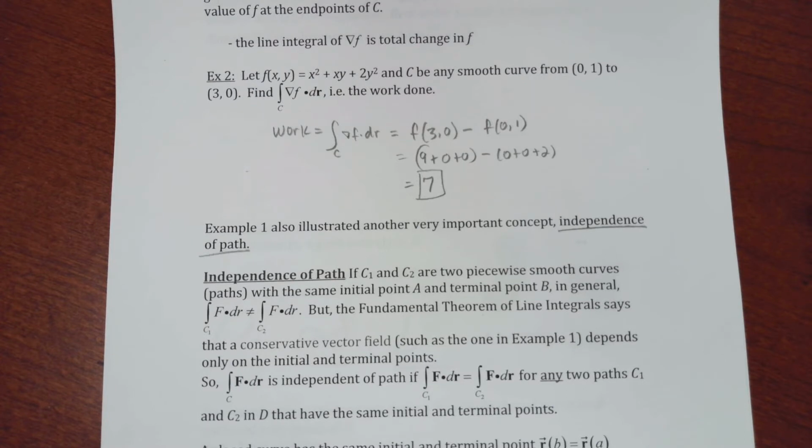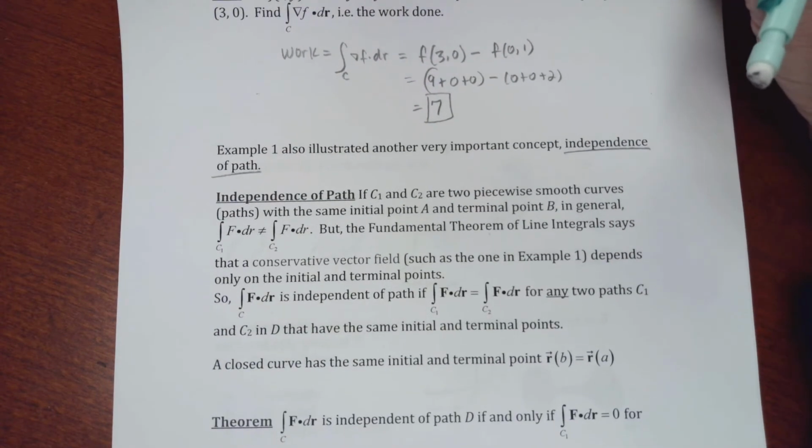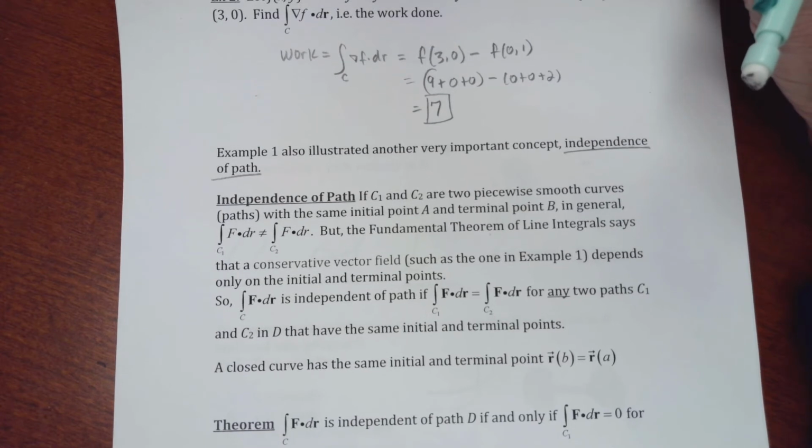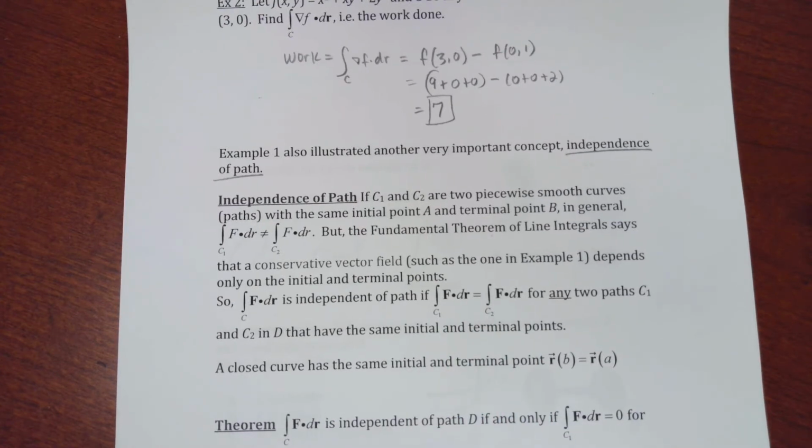So in general, the work right there is not equal, but the fundamental theorem of line integrals says that a conservative vector field, like in example 1, depends only on the initial and the terminal points. Your work done is independent of path if these two equal each other. So basically, if those two equal each other, then you know that you had a conservative vector field if you had found those two things as well. So it kind of goes backwards and forwards.